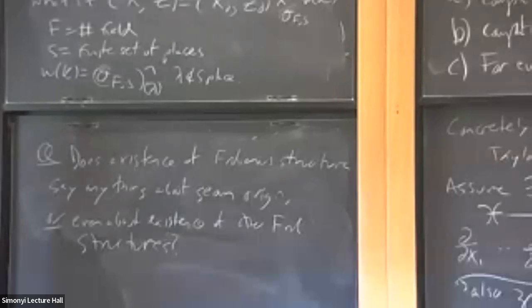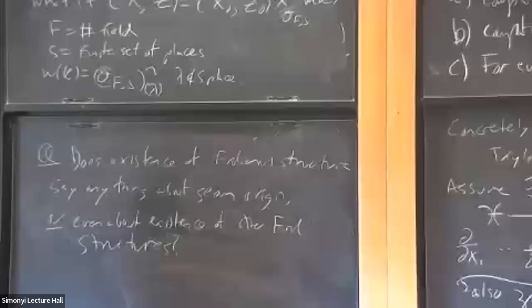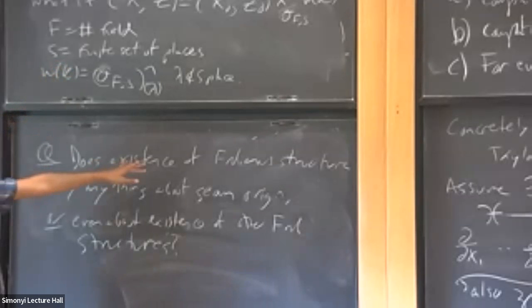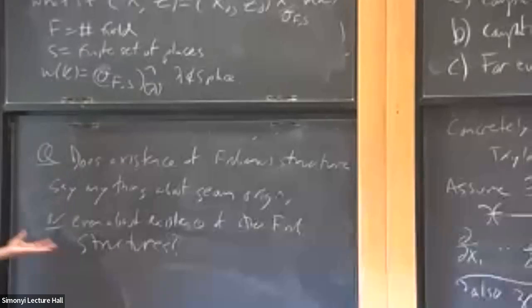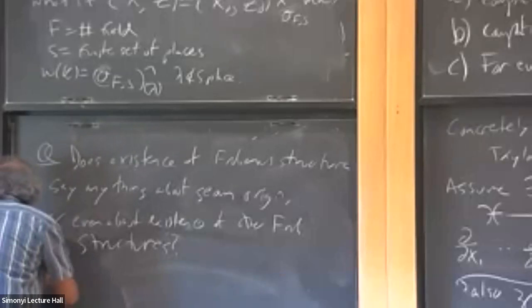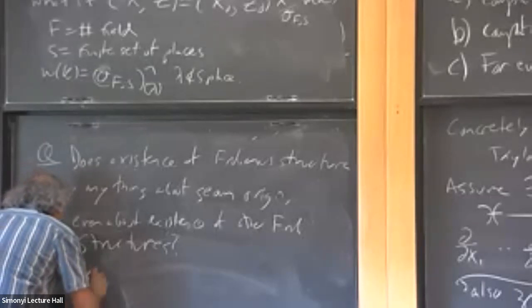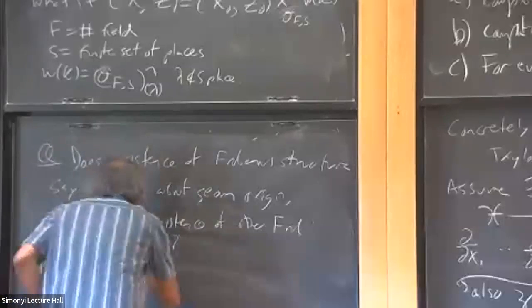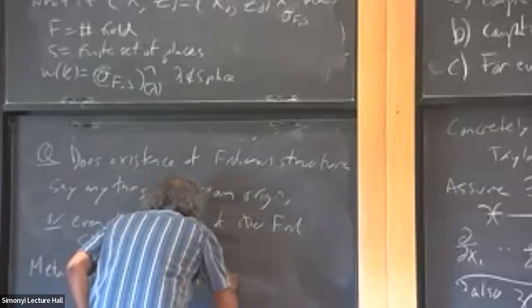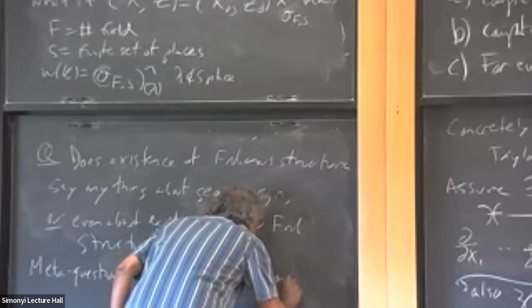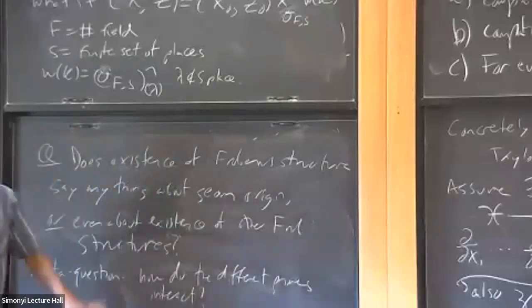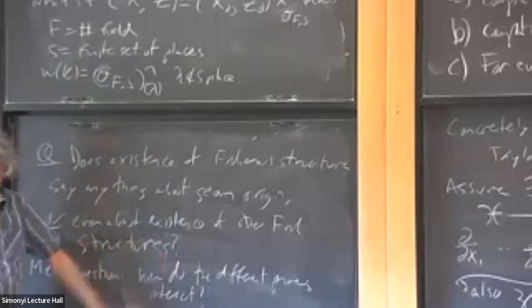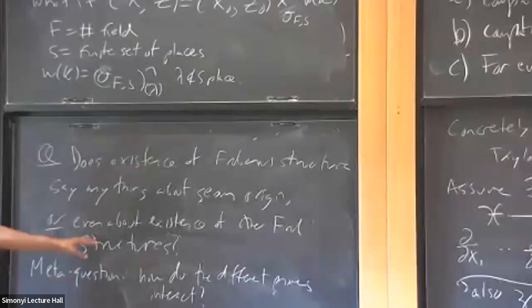It'll have lots of them for all but finitely many primes. So is having one of these Frobenius structures such a strong condition that it says something about other primes? The meta question here is how do different primes interact? So far p has been fixed, but I'm opening the door a little bit and asking about different primes.